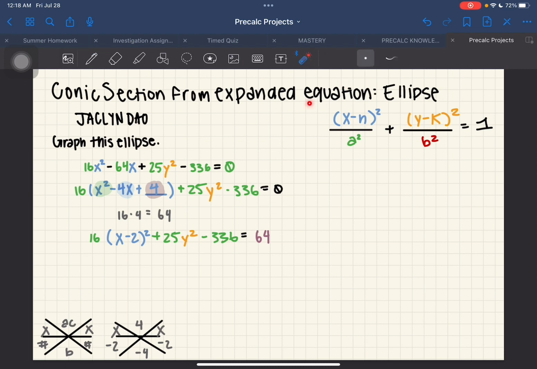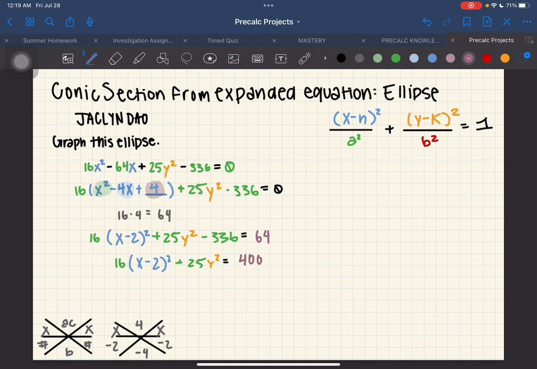As you can see, in the standard form all the variables are on one side of the equation. So let's add 336 onto this side. We have 16(x minus 2) squared plus 25y squared equals 64 plus 336, and that should give us 400.